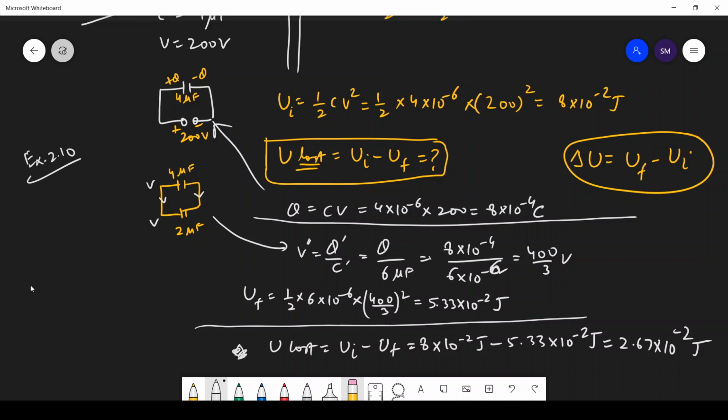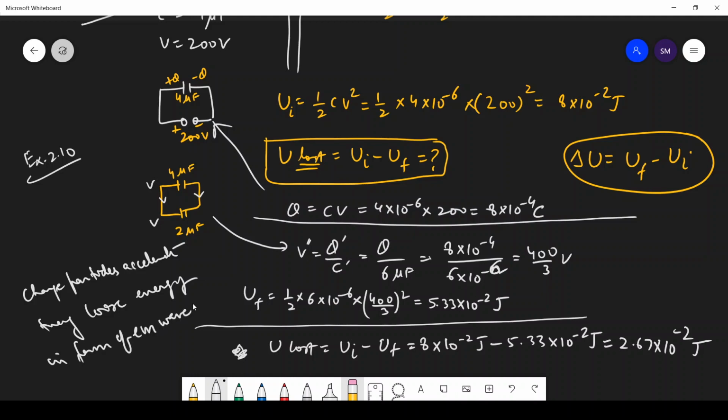So when charged particles accelerate, they lose energy in the form of electromagnetic waves or electromagnetic radiations. So that's how the initial energy was more and the final was lesser, and that is the change.